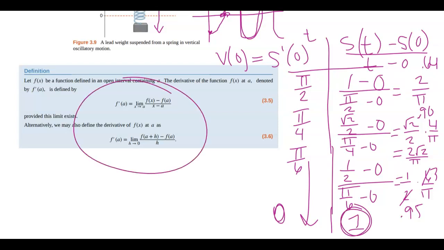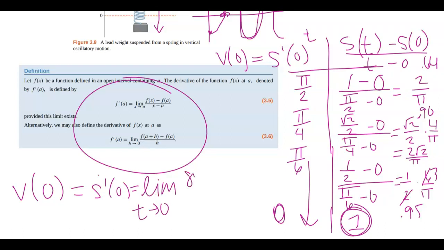So again, here's our definition. V of 0 is going to be S prime of 0. So that's going to be the limit as t goes to 0 of sine of t minus sine of 0 all over t minus 0.